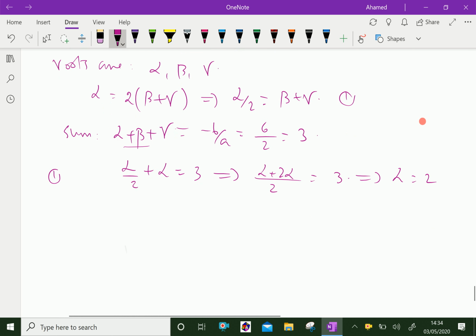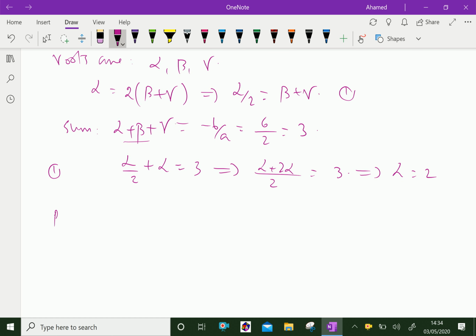Now the product alpha beta gamma equals minus d by a, which is minus k by 2.